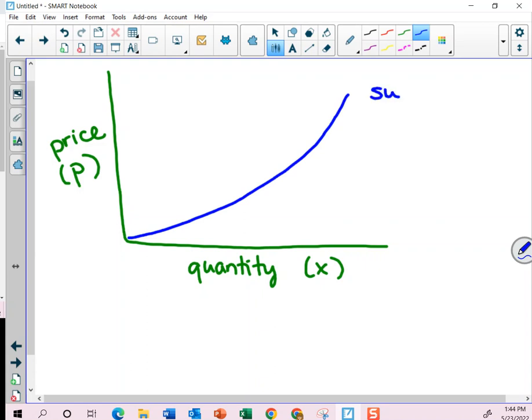All right. A supply curve tends to look like this when we look at the relationship between price and quantity. The supplier is the producer, the person that's making the stuff.